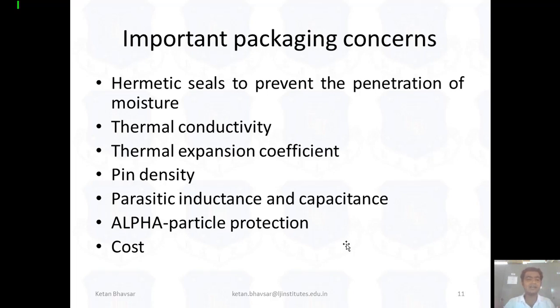In each and every state, the moisture level will not be the same. We also have to take care of the thermal point, in terms of getting hot in summer or in some spaces. Pin density also plays a main role in carrying the amount of current and voltage. We also have to provide protection against breakdown with the help of alpha particle protection. And we also have to take care of the cost when designing a specific chip.